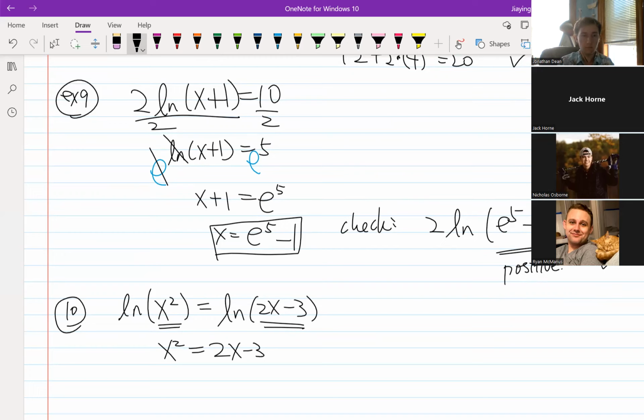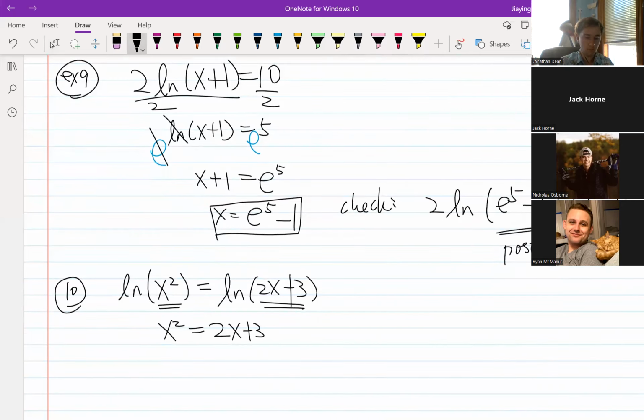I'm sorry, I want it to be positive. So let's change it to 2x plus 3 there. And then to solve for x, we're just going to move everything to the same side. So we get x squared minus 2x minus 3 equals 0.